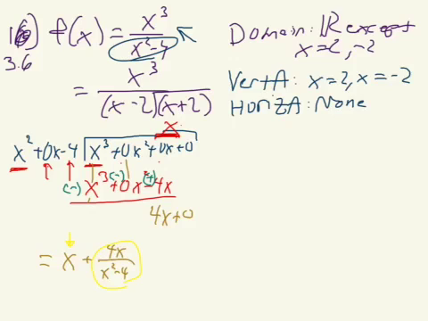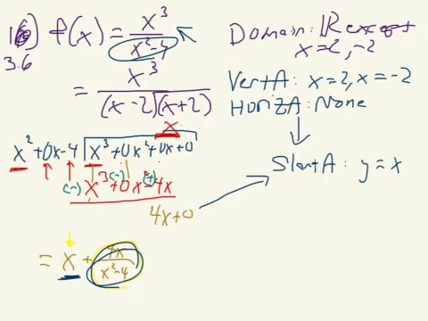So our slant asymptote turns out to be y equals x. Because of this right here, it's y equals that thing. This goes to 0 as x gets massively large.